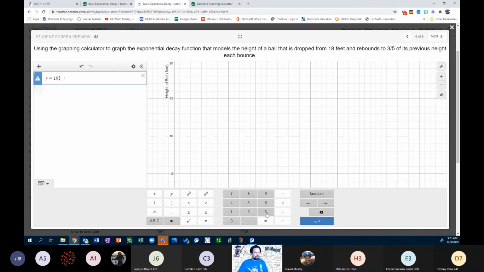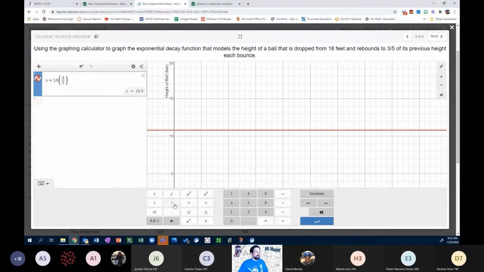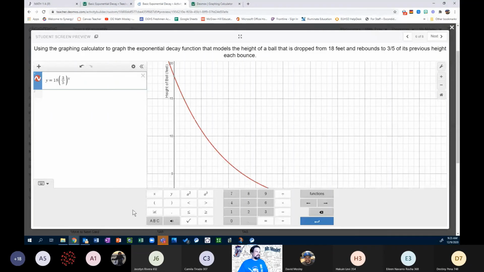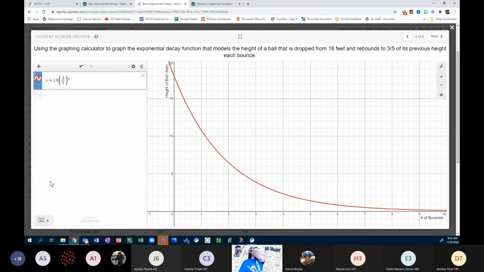We go 3 divided by 5, and it puts it in there as a fraction. You're going to need to click to the right so that your cursor moves out of the denominator spot. Close the parentheses. A to the B, x. Make that thing hide, and that's what the function should look like. Any questions on this one?